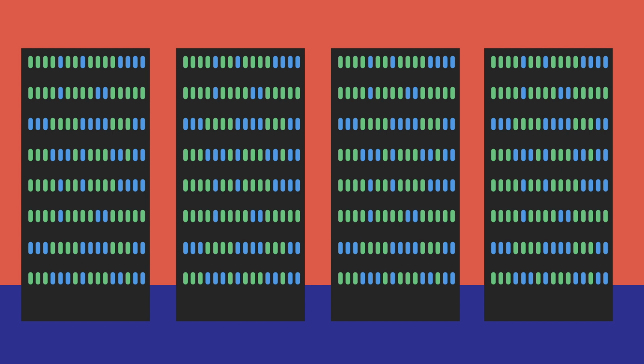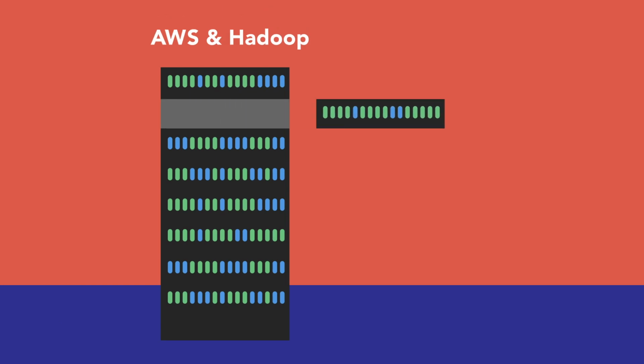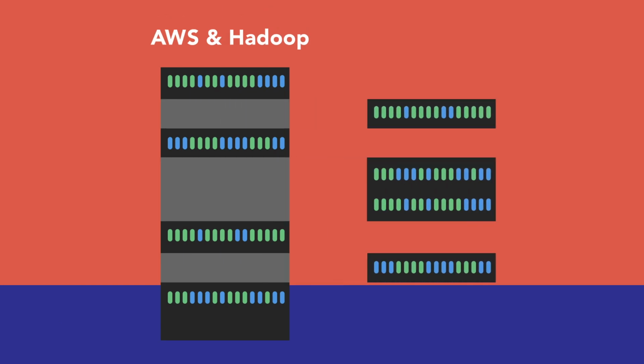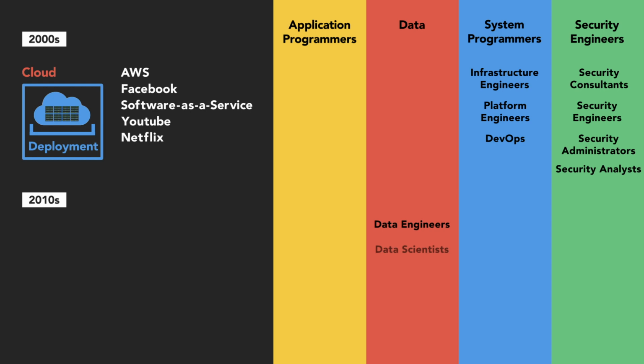And that was out of reach for most companies. After 2006, the introduction of AWS and Hadoop puts this power in the range of non-tech giants. And so we start to see analytics and recommendation companies emerge as we head into the 2010s. With them come data engineers and data scientists who comb the data and build the engines that power these products.